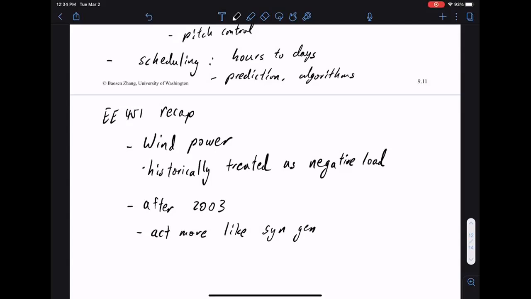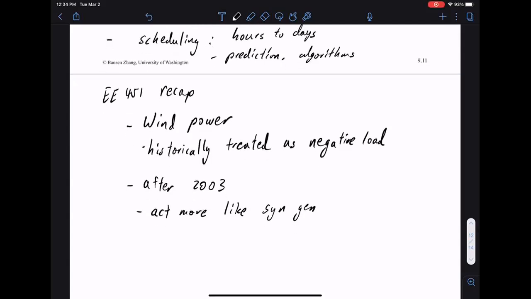So we may see some new designs after this year. There may be some more requirements after this year. But the main thing from the last major update of the code is that they have to support the grid in various different ways and stay connected to the grid in various ways.